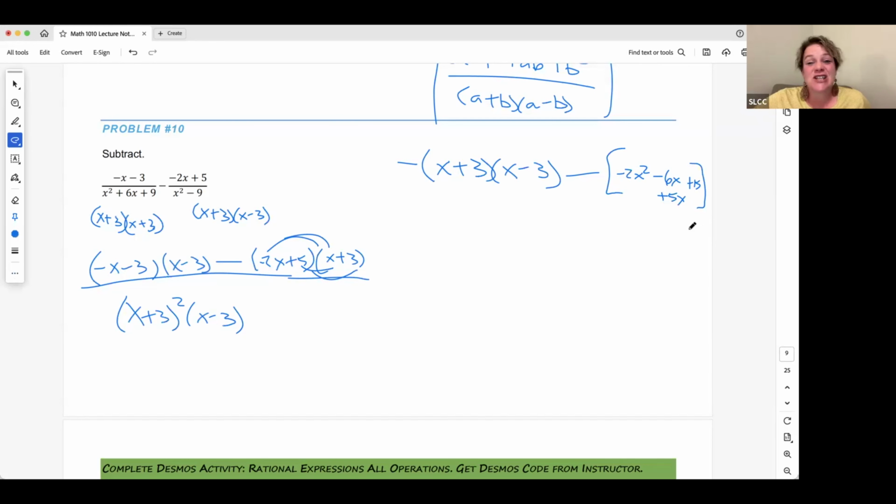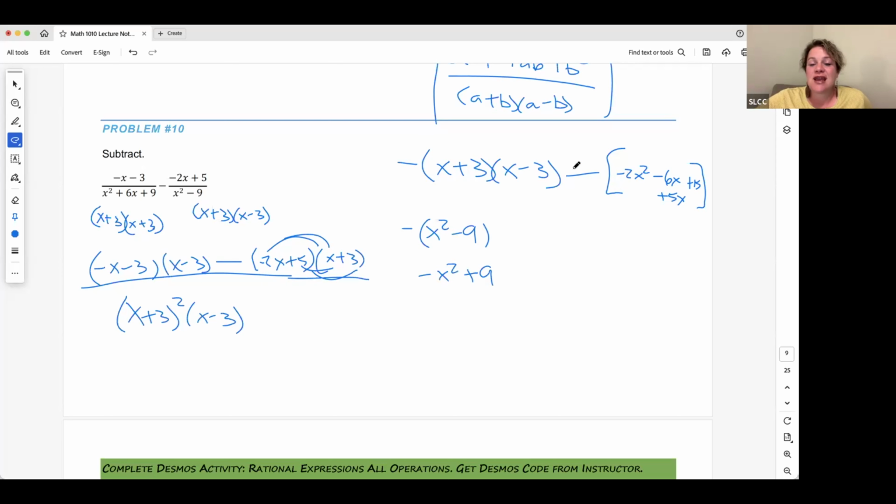Remember, all of this is in the numerator, and so we're still over this denominator. So x plus 3, x minus 3 is the difference of squares, so it'll be negative x squared minus 9. And then I can distribute the negative, so negative x squared plus 9. Then when I combine like terms here, I get a negative x.